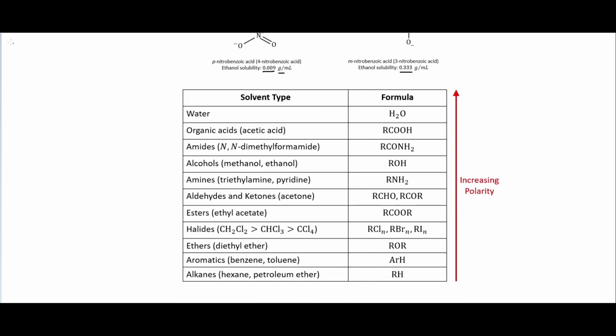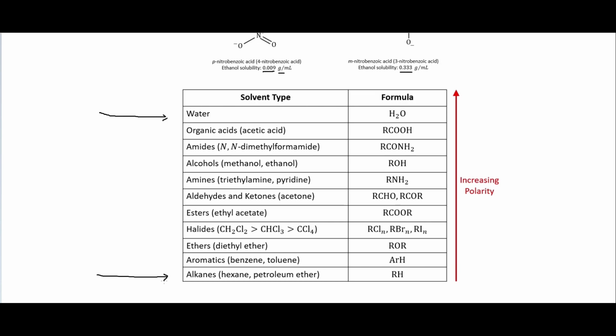And so we can see here, this is the solvent type, and this is just a general rule for our solubilities. We have up here our most polar, the highest polarity at the top and the least polar at the bottom. This is, like I said, a very loose and general rule.